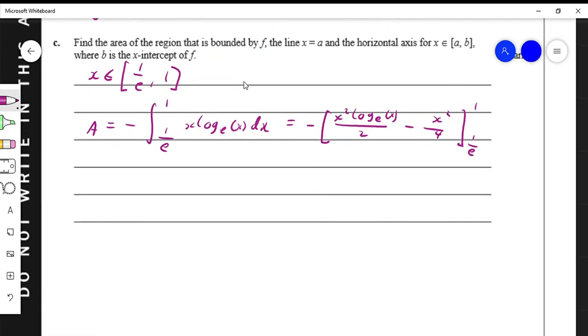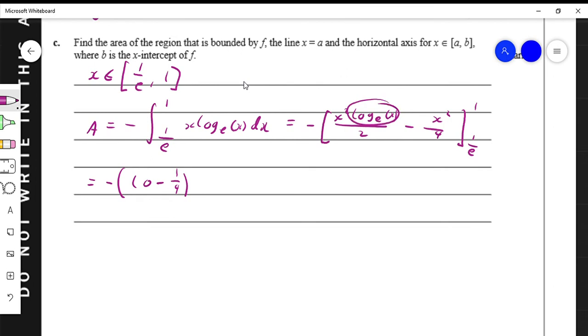Alright, here we go. So equals negative, you get 0 minus 1 on 4. Yep, so that's substituting in the point 1, because natural log of 1 is 0. And then 1 squared is just 1.